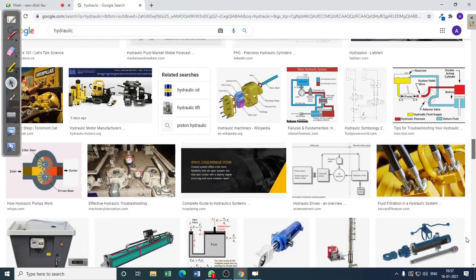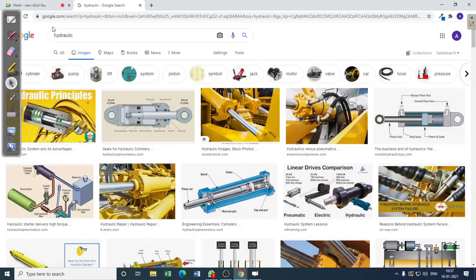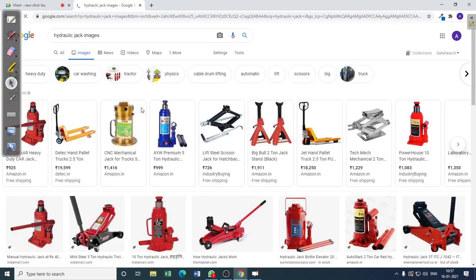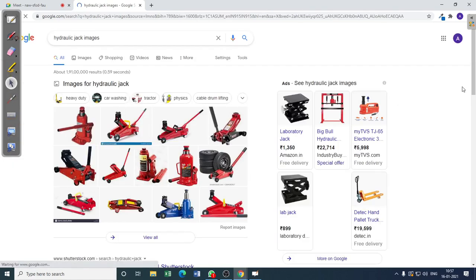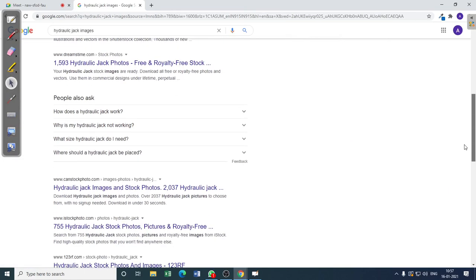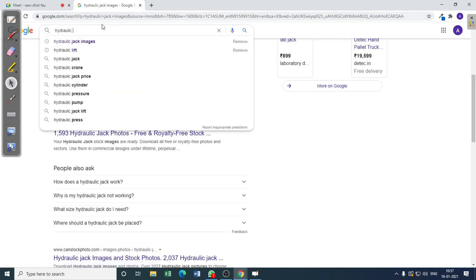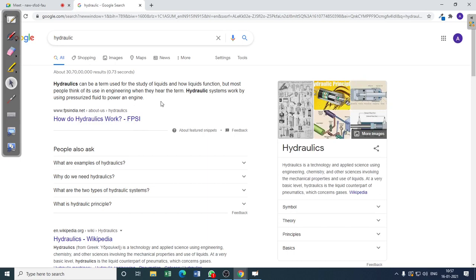What about jack and all? You see, okay. This is a hydraulic jack, it works the same way, but no. We do not need to see that. Hydraulic. We go to wiki.